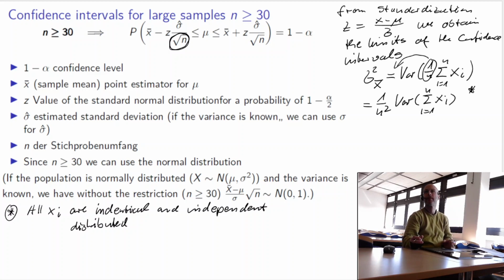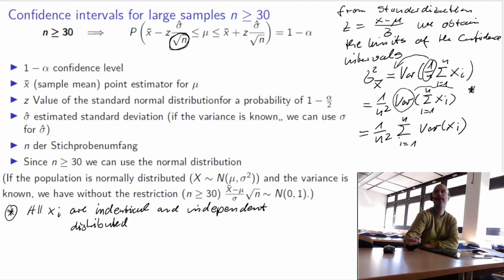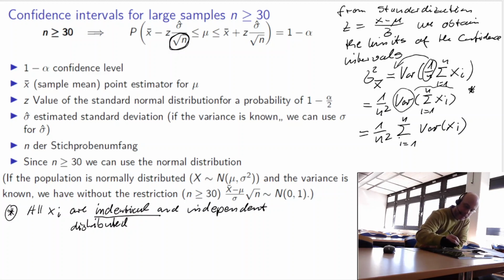Then this means that we can move the variance operator into the sum: 1 over n squared sum from 1 to n of the variance of every single xi. But they are also identically distributed, so this is just the variance of our random variable, and this is a fixed number.